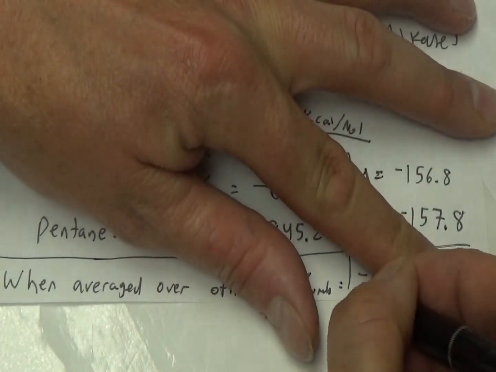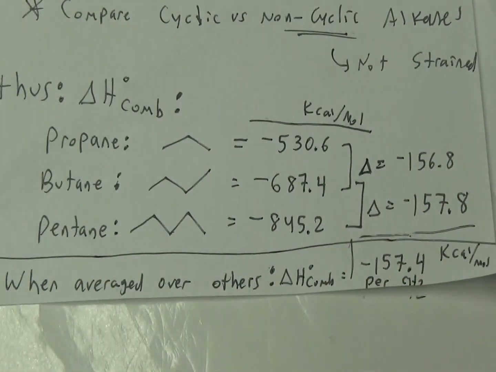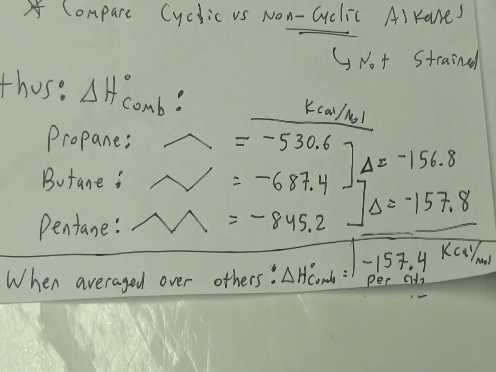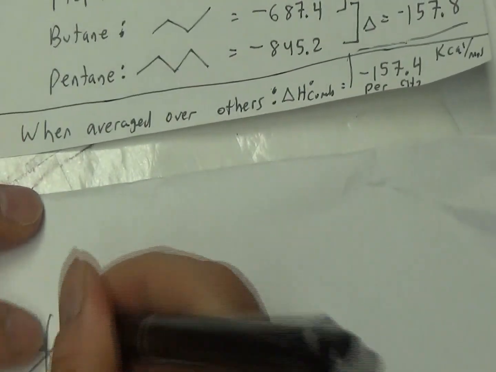Per CH2. I'm going to write that down there. Per CH2. Let's do that a little more prominently. Write that really big.